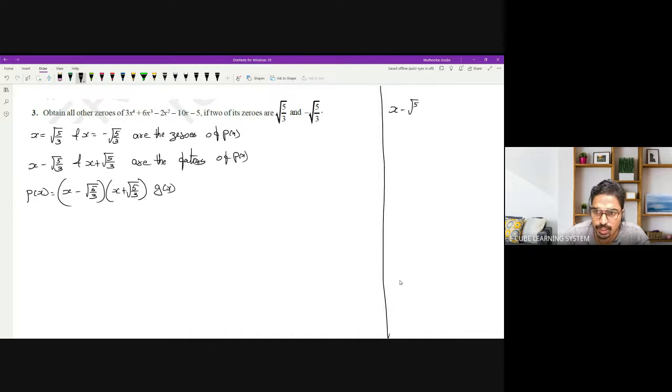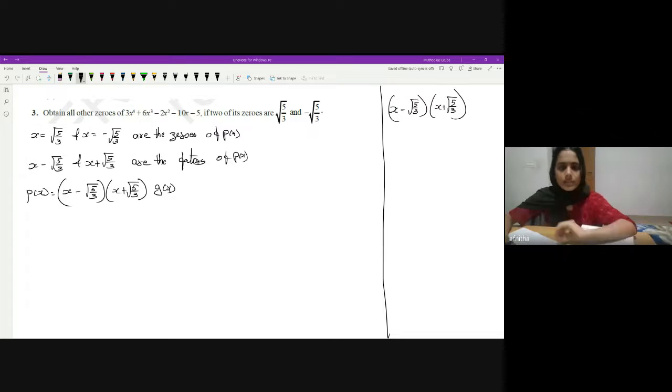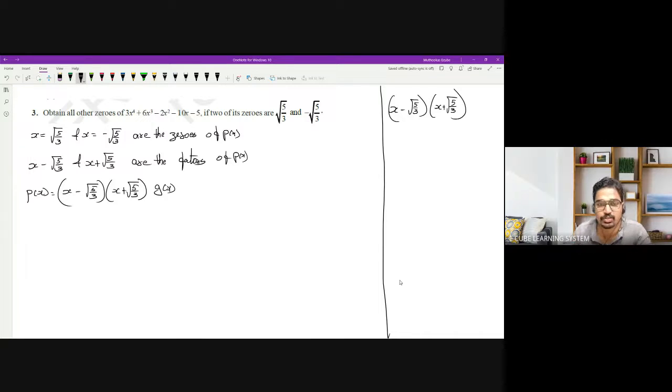x minus root 5 by 3 into x plus root 5 by 3. On multiplication, x square minus 5 by 3 will be obtained.